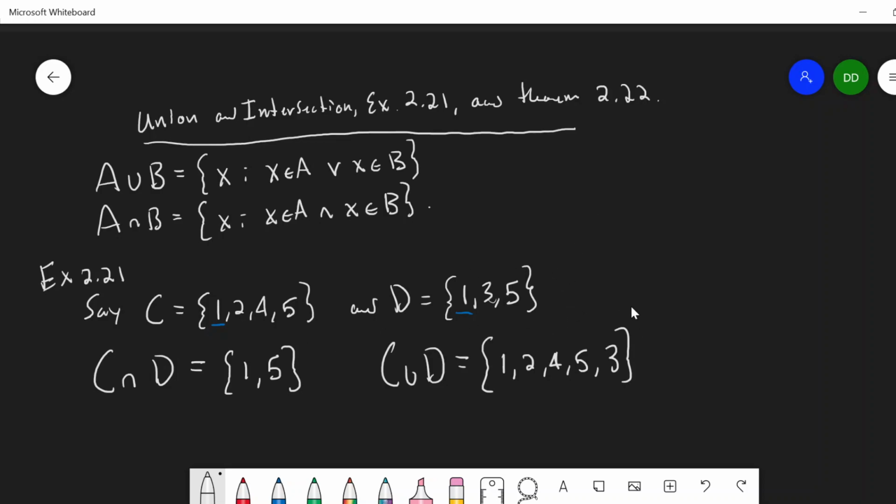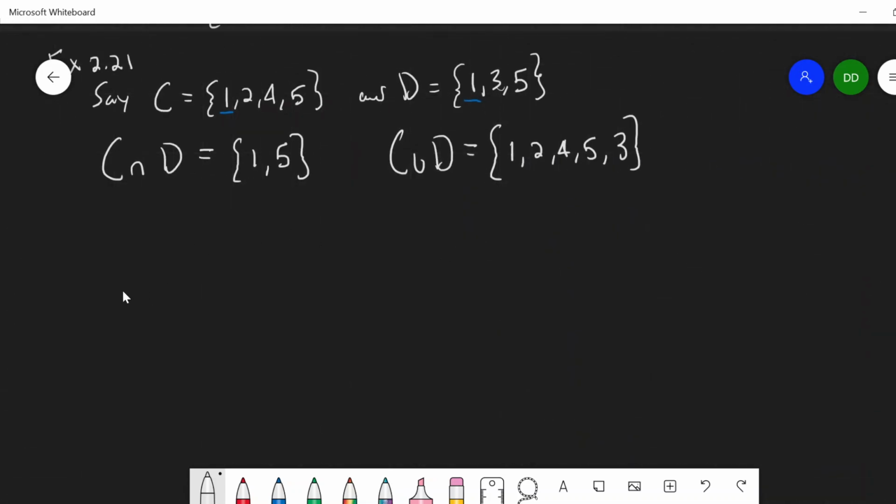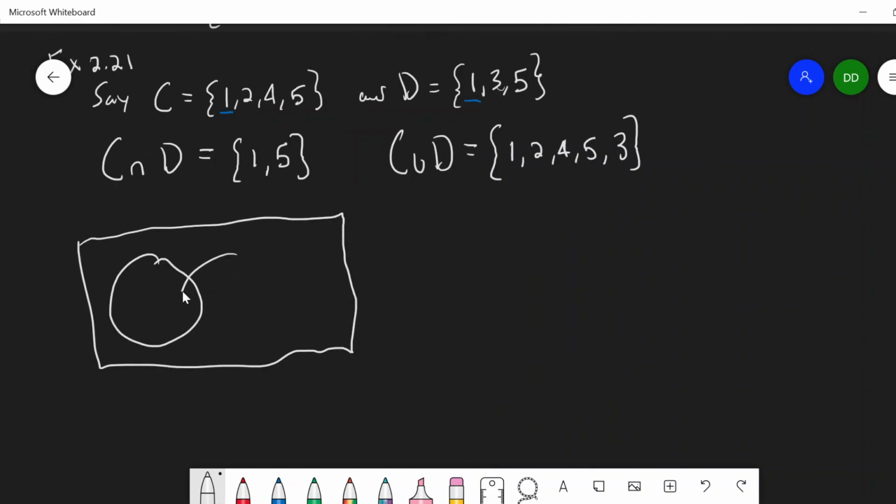So this is the idea of union and intersection. In Venn diagrams, we can illustrate union and intersection. If this big outside set is my universal set, all the elements possible are considered in the universal set. And if I have A and B, then their union is everything that's in either A or in B. So all of these.